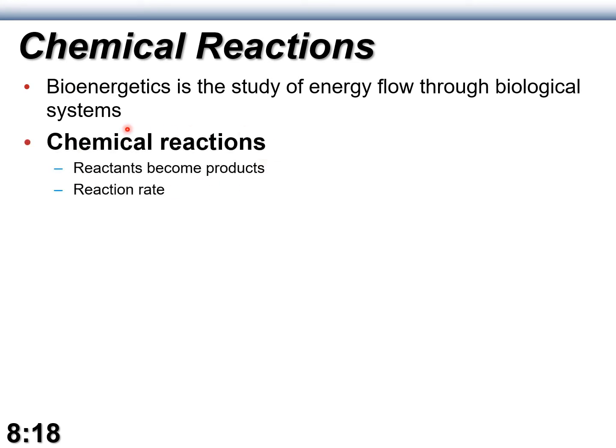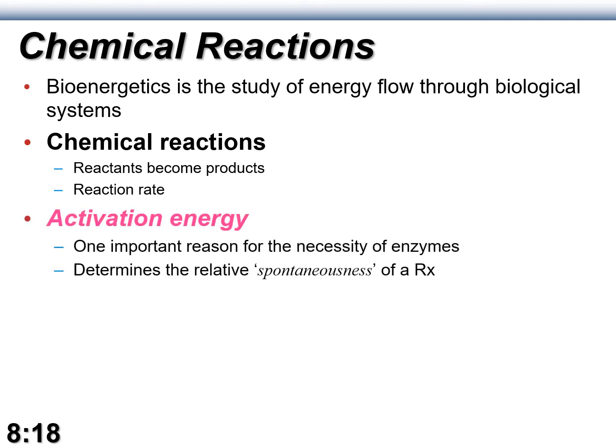Where we're going to go now is into the idea of chemical reactions, where you have something that's reacting to become something else. And the idea that that will occur at a given rate based on how much potential energy is available and how much of that energy is released either as a byproduct or how much of that energy drives something else in the reaction.